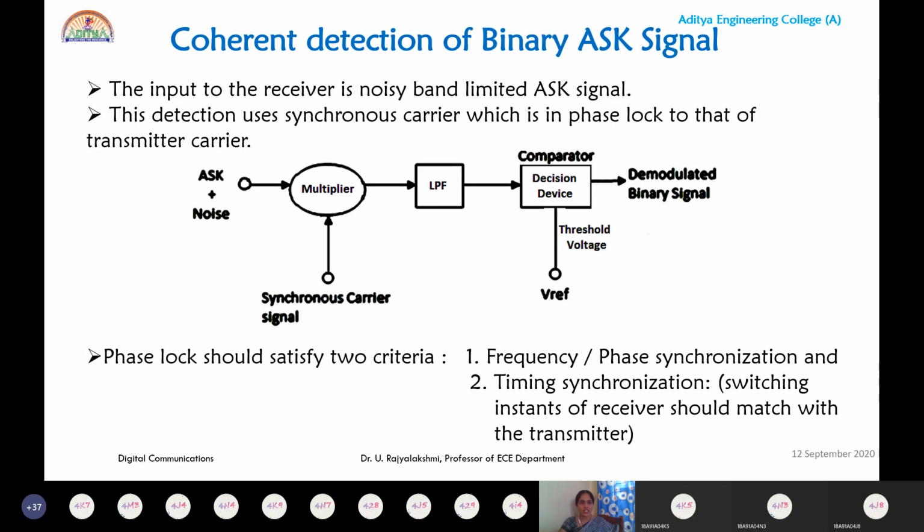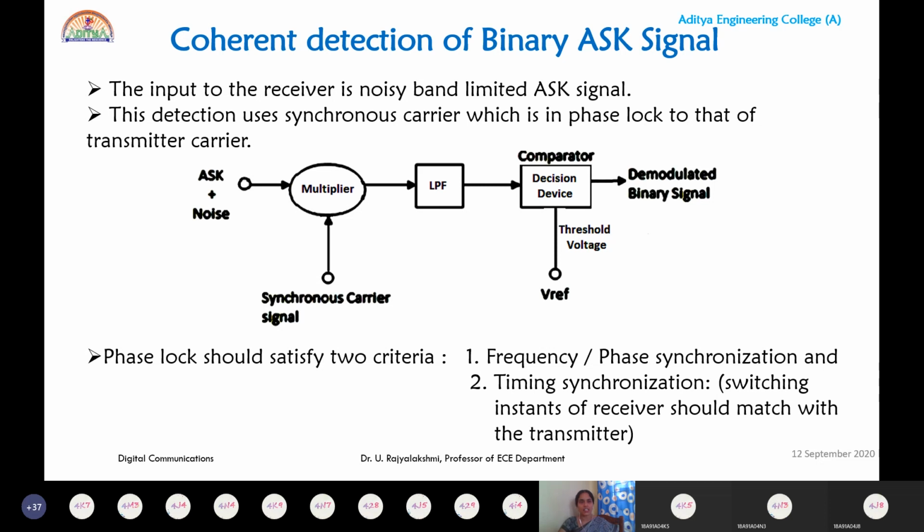Now what is the input to the receiver? The noisy band limited ASK signal acts as input to the receiver section, and this is applied to the multiplier. What is the other input to the multiplier? The synchronous carrier.